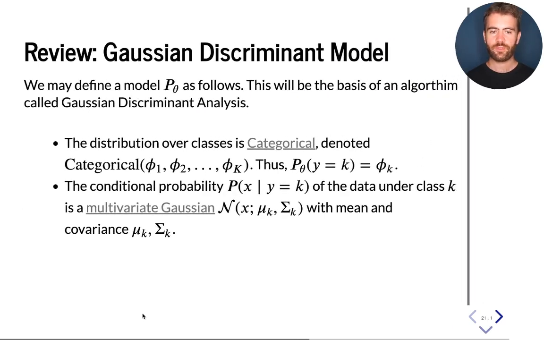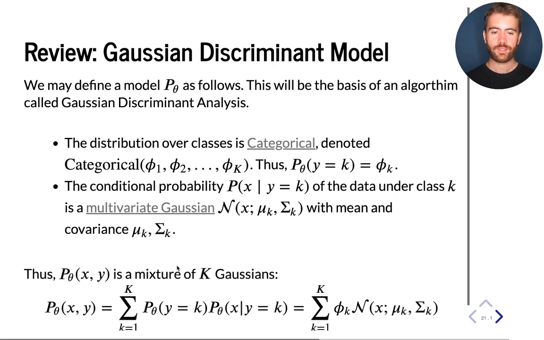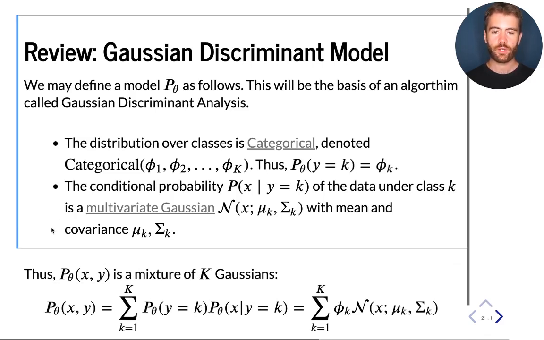And in the previous video, I showed how we can define the joint distribution as a mixture of k Gaussians, where this distribution can be defined by two components: a distribution over y that is given here, and that is simply going to be a categorical distribution, meaning the probability that y takes on class k is going to be specified by phi k.